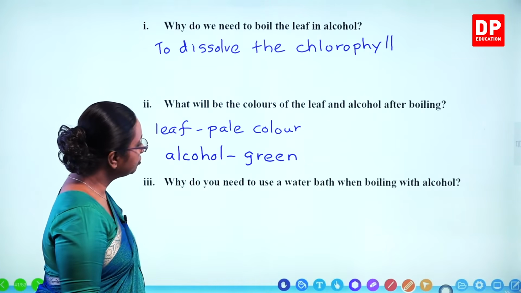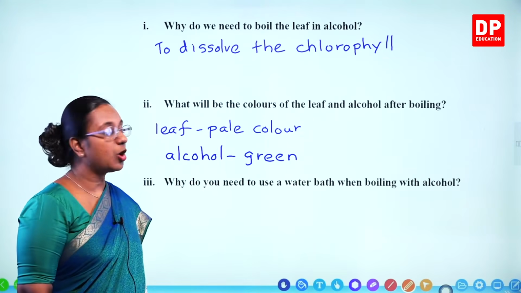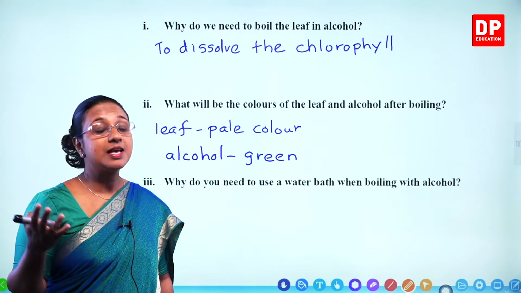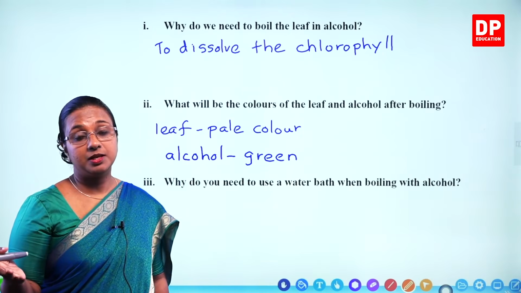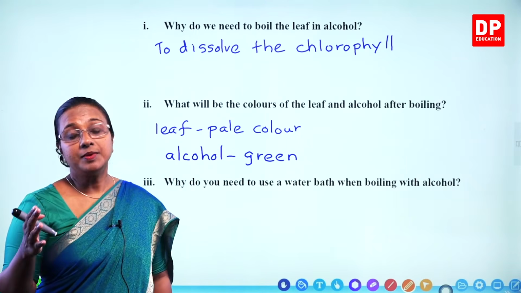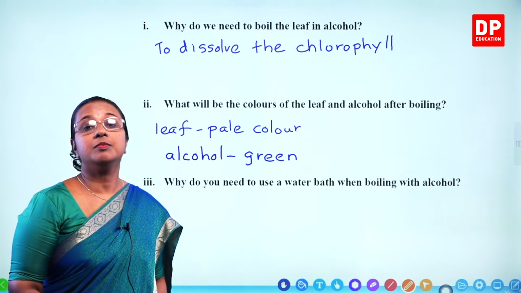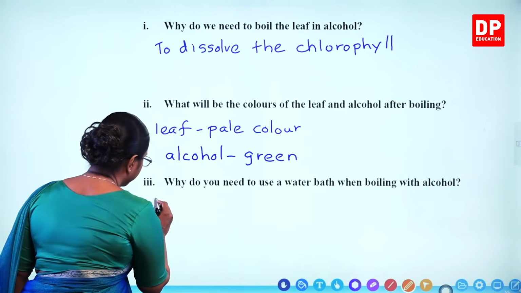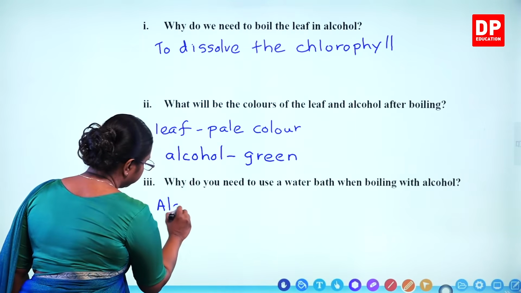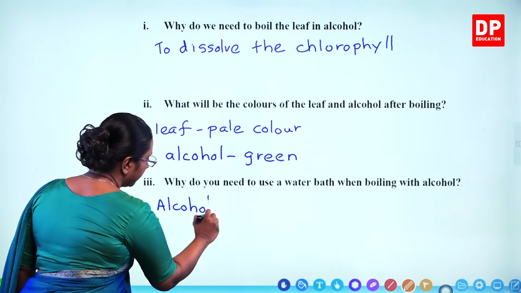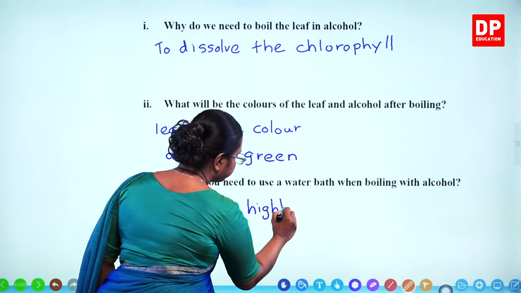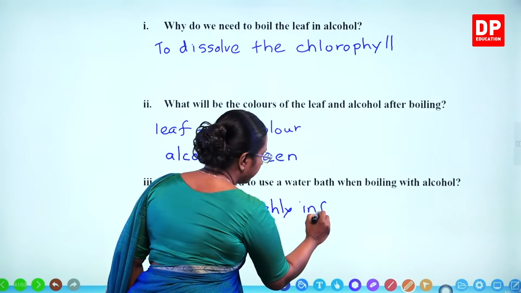Why do you need to use a water bath when boiling with alcohol? Because alcohol is highly inflammable. To avoid it from catching fire, we boil it using a water bath. So here you have to say alcohol is highly inflammable.